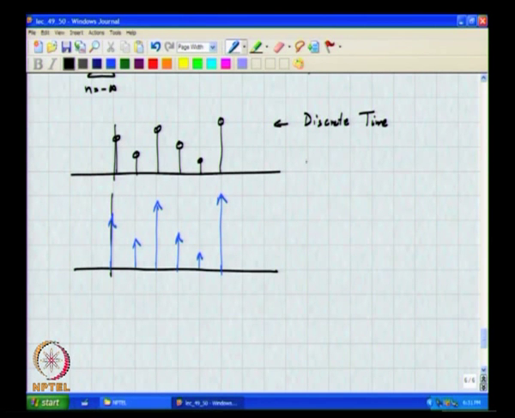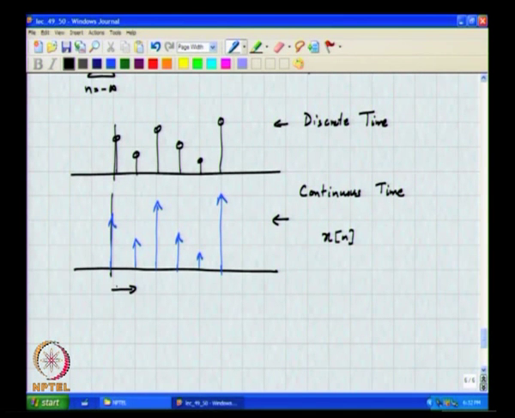and the spectrum therefore of the continuous time signal is nothing but the sum of x of n.